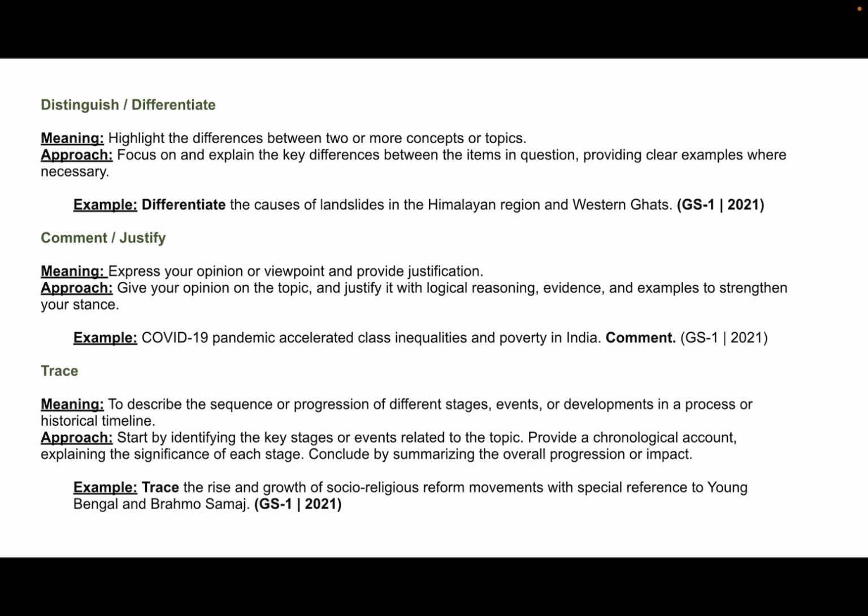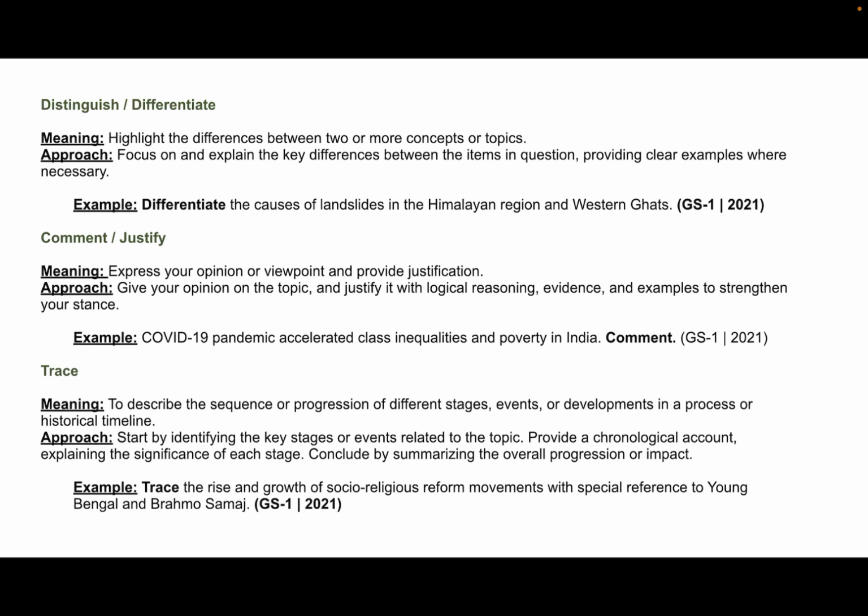Next, continuing our discussion, the next directive is "trace". This is also one of the basic directives that we can easily understand. We need to give a glimpse or a detailed description of the events, process or activity asked about in the question.